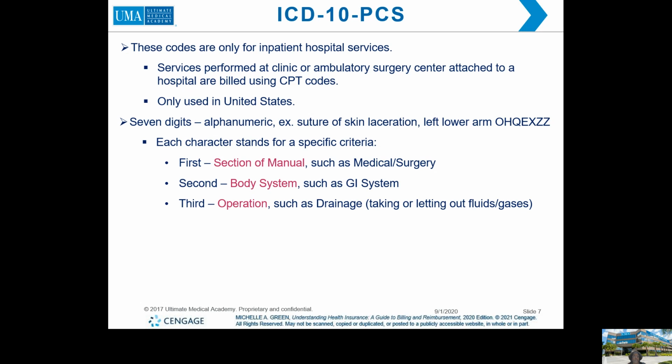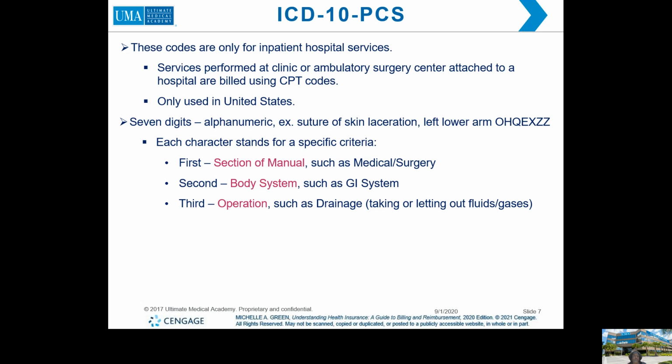In our example, the O in the first position means it's in the medical surgery section of the manual. The H in the second position means the body system, could be GI, right? The third is the operation.